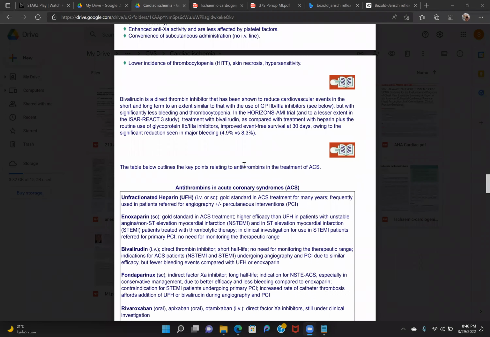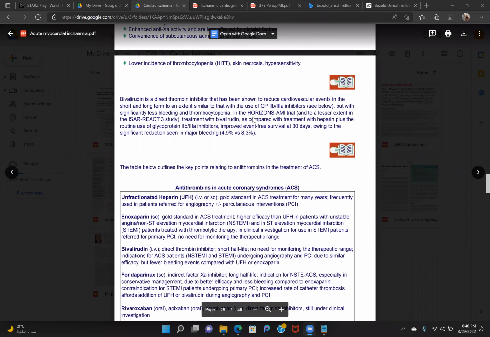No, actually it's not inhibiting the function. It is increasing the activity of antithrombin 3, and yes, it has an effect on factor 10 as well.